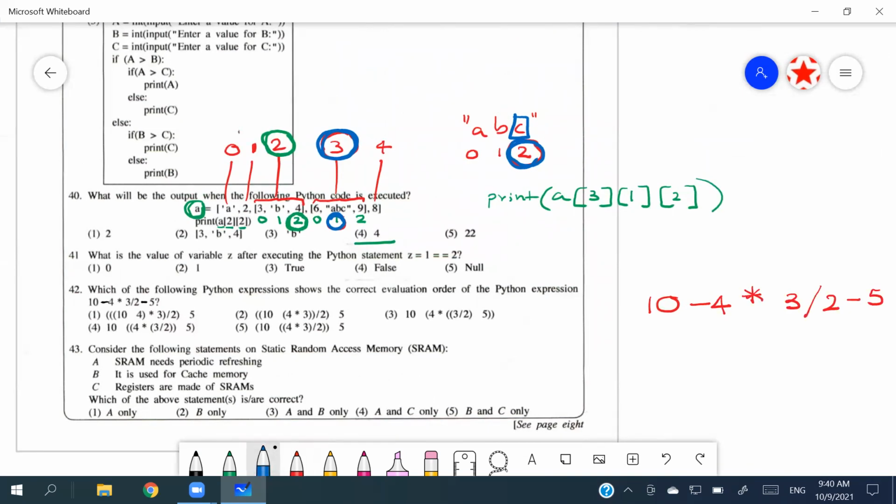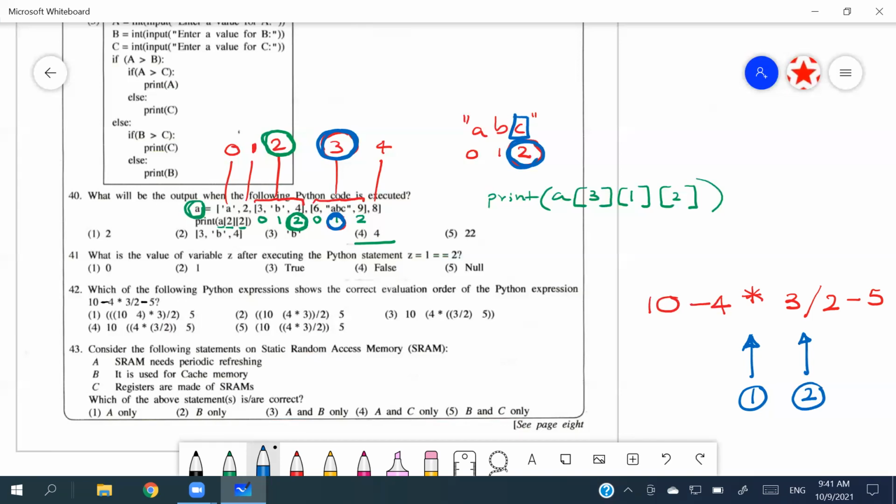So when it comes to these operators, multiplication and division have the highest priority, and minus has lower priority than multiplication and division. So first we have to concentrate on the multiplication, because when it comes to multiplication and division, we find them from left to right. When we are walking from left to right in the equation, this is the one we find first. So this is the first operator being considered, this is the second operator.